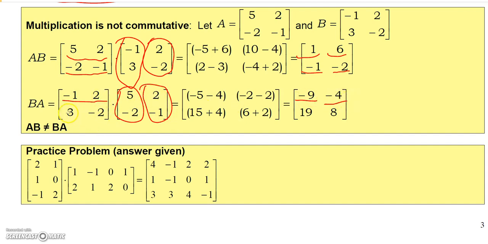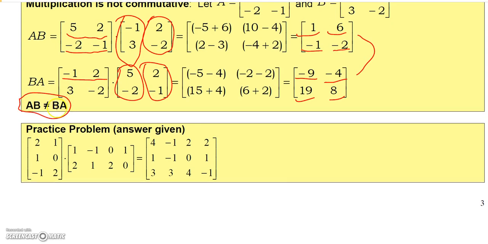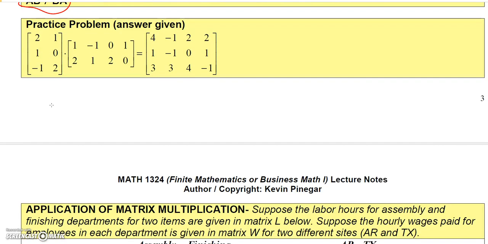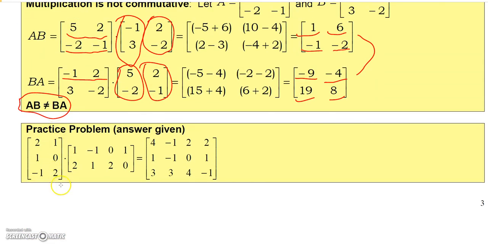And then I'll let you do the second row, but if you multiply the second row by the first column, you'll get 19. And when you multiply the second row by the second column, you'll get 8. And you'll notice that these two matrices are not equal, so therefore, obviously, A times B does not equal B times A.